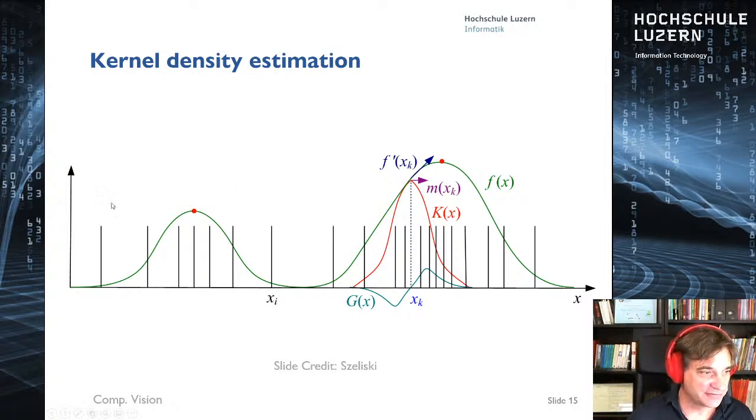Here we are in 1D, so we have features at some specific points in our feature space. For each point here, we replace the point with a Gaussian. And then when we do that for each of those points, we sum all the Gaussians together, and we get this green curve here.